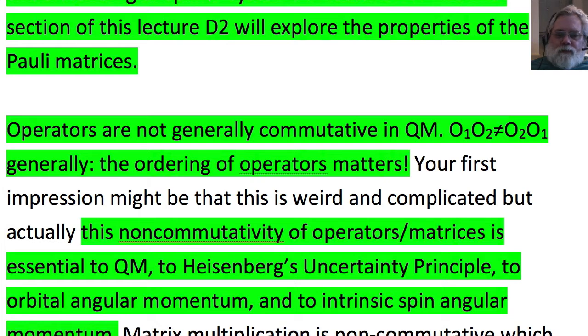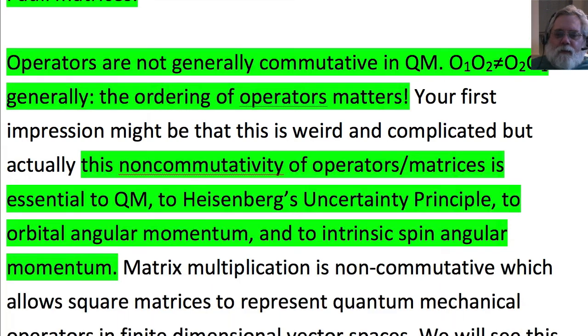Your first impression might be that this is weird and complicated, and it is at first, but this non-commutativity of operators and matrices is actually essential to quantum mechanics. It's essential to Heisenberg's uncertainty principle. It's essential to orbital angular momentum, which we didn't study in our lectures. It's essential to intrinsic spin angular momentum, which we are studying now and in the next lecture.